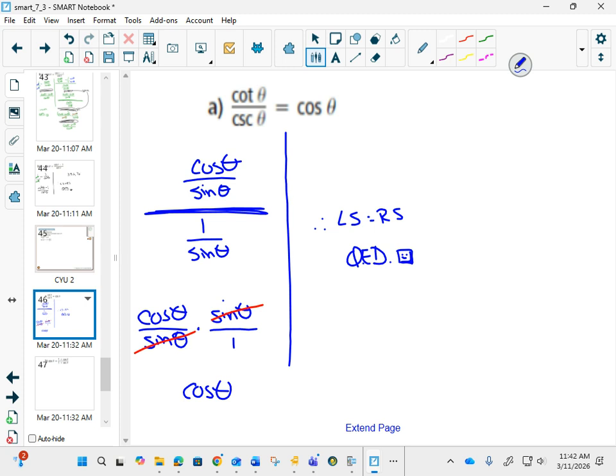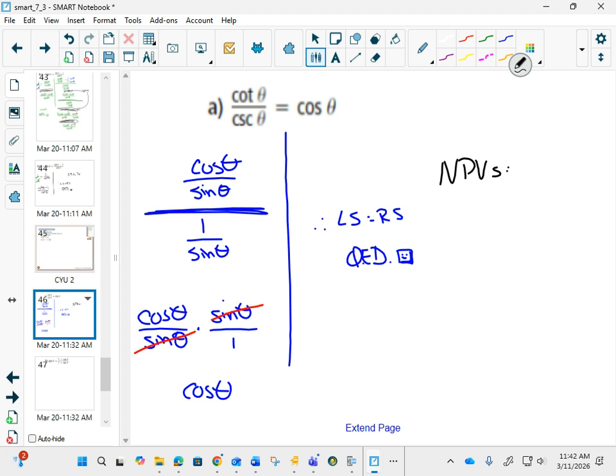Okay. Now that we've done the proof, I find that sometimes when you've done the whole proof, it's easier to list the non-permissible values. Because in math, non-permissible values are values that you're not allowed to use. And up till now, we've learned a couple of things you're not allowed to do.